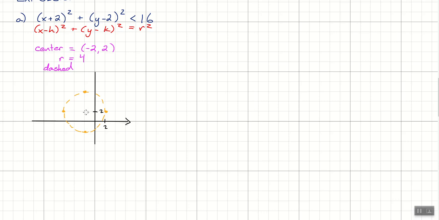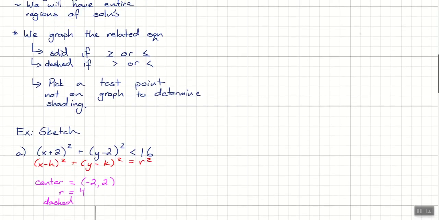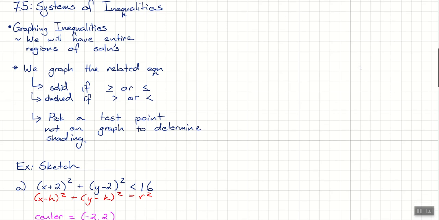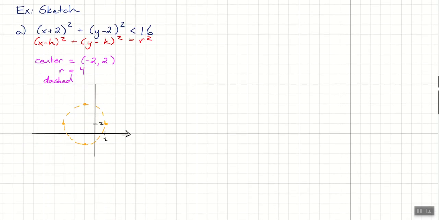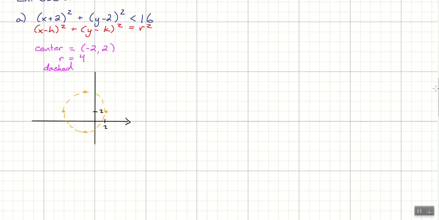We don't just draw a dashed line. We said at the very beginning that graphs of inequalities have entire regions of solutions, shaded regions. And we need a test point to pick. I would encourage you to always write these down, but here's what I like to do.